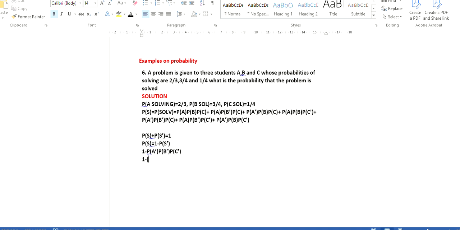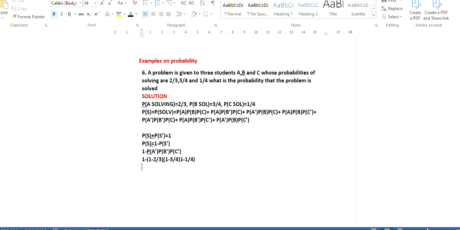So 1 minus probability of not solving, I have to write 1 minus 2 by 3. Okay. Similarly, it is 1 minus 3 by 4, similarly into 1 minus 1 by 4. So this is the probability of not solving.